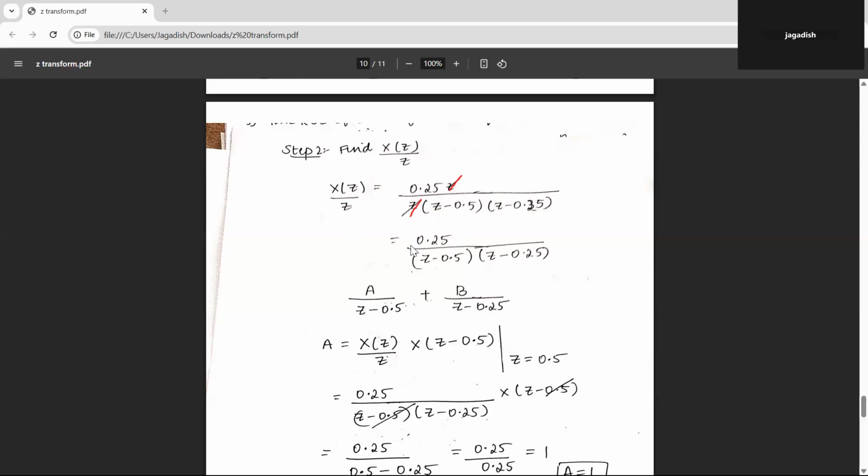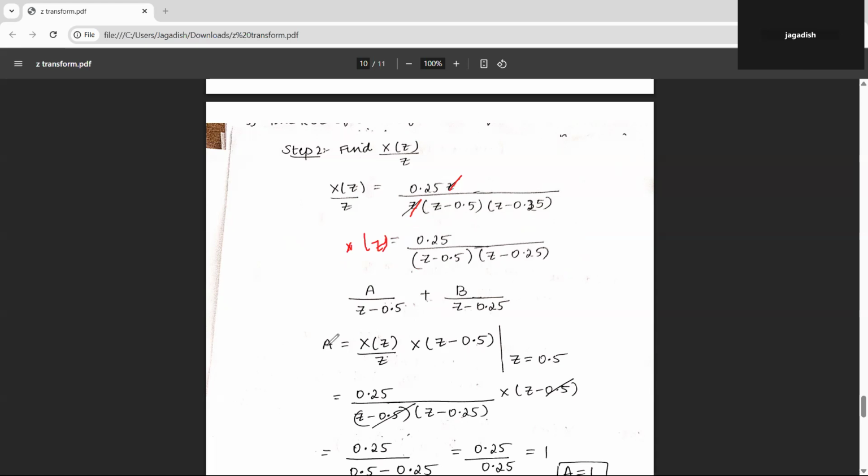There is a formula for this. Whenever it is of the form A into B, you can write it in partial fractions, though some people use different notations. So I can write it as A divided by Z minus 0.5 plus B divided by Z minus 0.25.